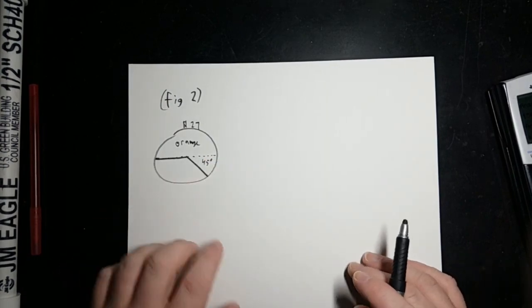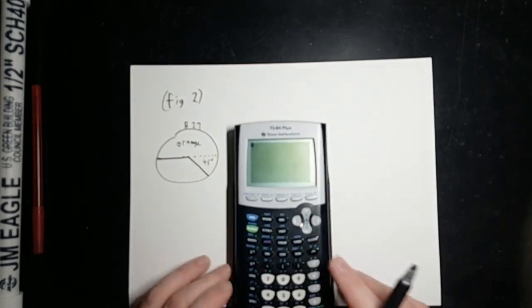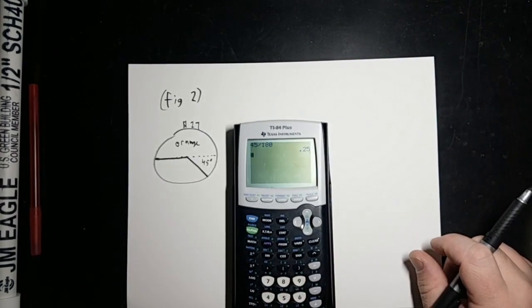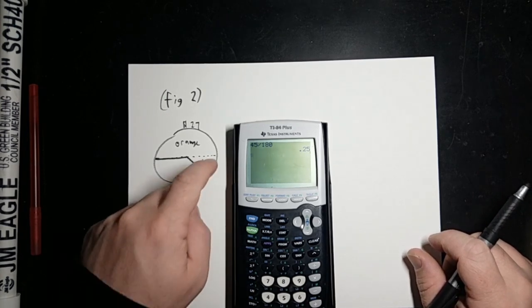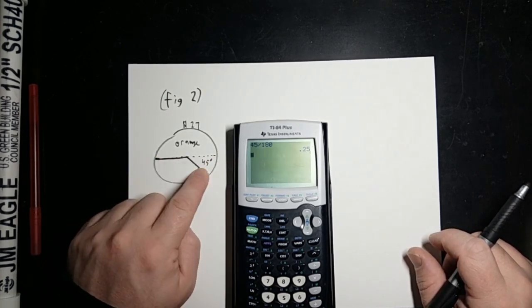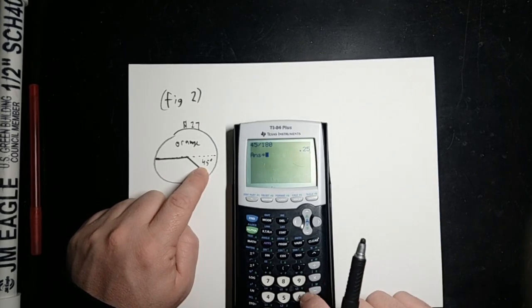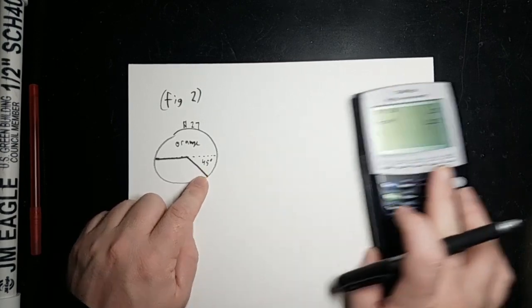Now again, 180 degrees. 45 degrees is only 25% of half a circle. If that is the case, we need to figure out what is 25% of Jeff's value of pineapple. Well, 25% times 9 is $2.25.